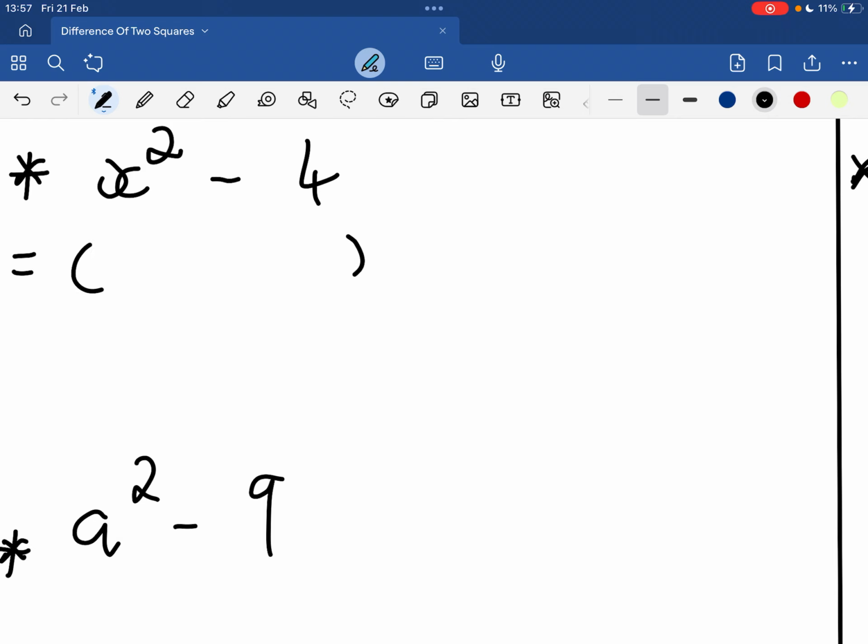You're going to open two brackets. Here you're going to put the square root of x squared, which is x. Here you're going to put the square root of 4, which is 2. Then you're going to put a plus and a minus. You're done. You've just factorized using difference of two squares.